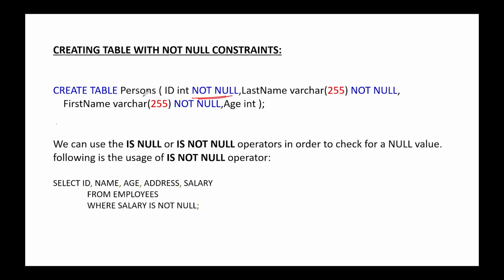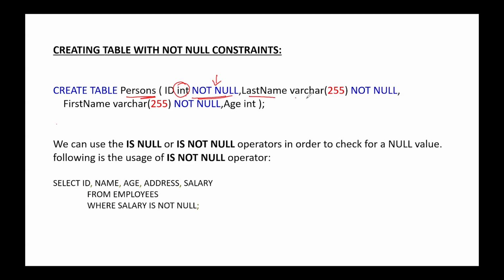Here, as you can see, create table persons, ID int. This is the data type. And I'm putting a constraint saying not null, which means every time you do the data entry into this table, if you try to leave the space blank for ID, it will throw an error saying you cannot leave the blank space for ID because it has a not null constraint.